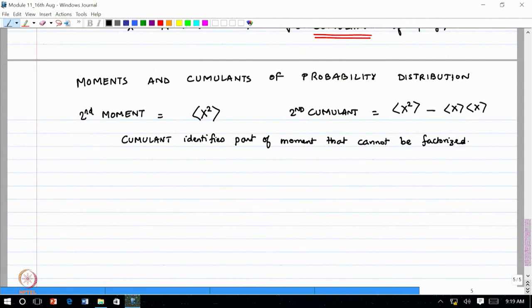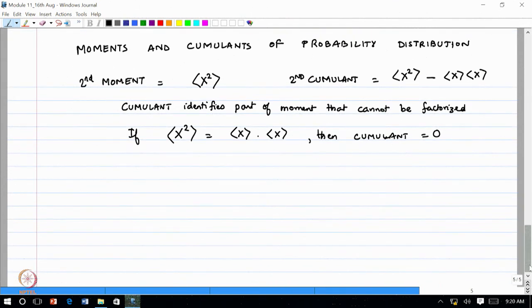If the average of x square equals the average of x times the average of x, then the cumulant is equal to 0. So, there is no part that cannot be factorized. Now I won't be doing a general discussion of moments and cumulants.